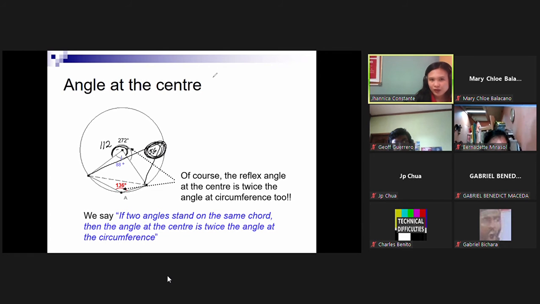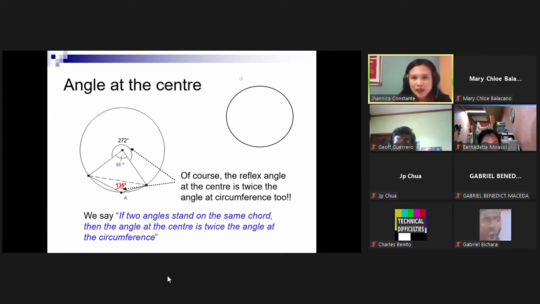Example, we have the circle. Applying the properties of the angle at the center. Example, this is our circle and it has an angle that measures 24 degrees and a central angle.